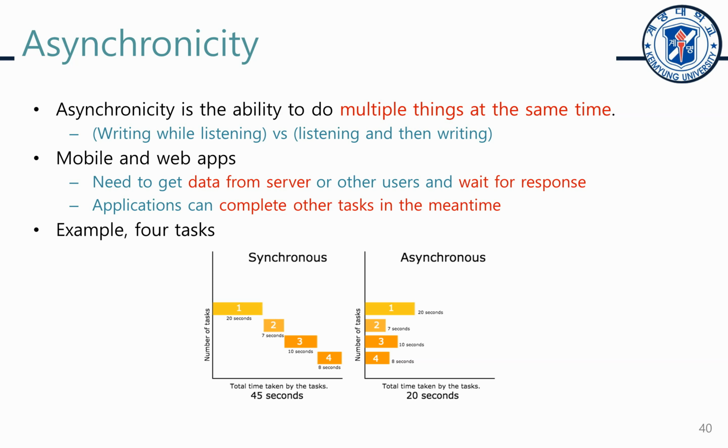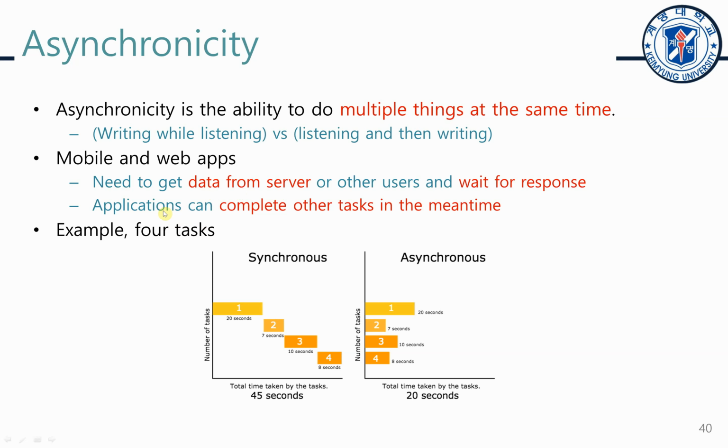So doing things asynchronously will save some time and some processing resource. Mobile and web apps, or the programs that we run with Dart, sometimes need to read data from a server or wait for user input. At this point, the user's application can complete other tasks in the meantime.